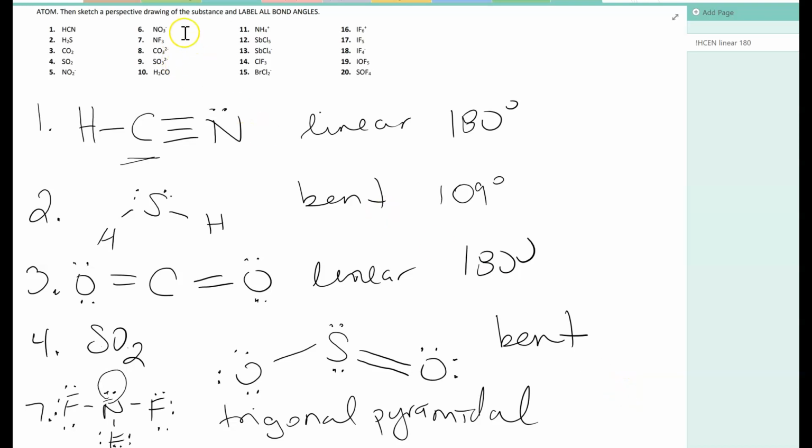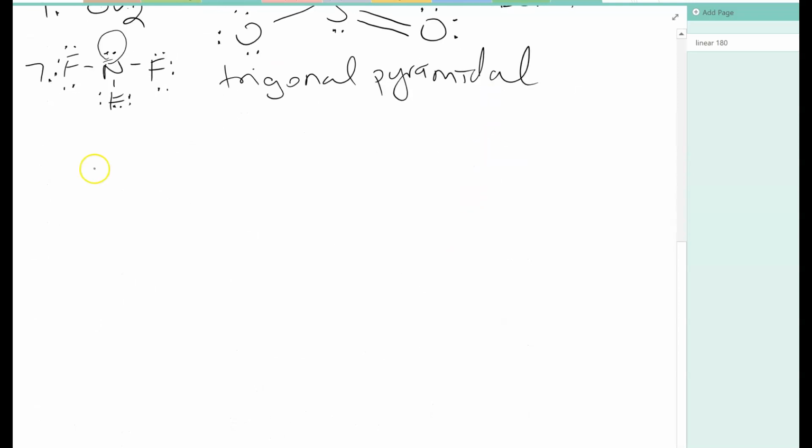All right, some of these other ones, like the NO3, these are polyatomic ions, CO3, SO3 with a 2-. These are all going to be something called resonance structures. So they're not going to do the normal things that you see with HCN, where there's only one way to do this. There's no other option. But when we're looking at something like NO3, which has a negative charge overall, when you're counting up the valence electrons, you have to add this 1 electron here.